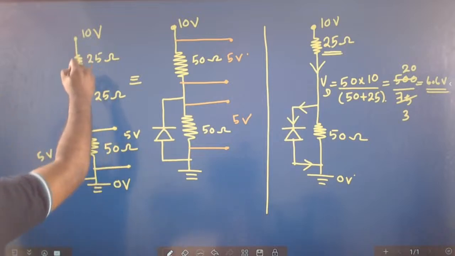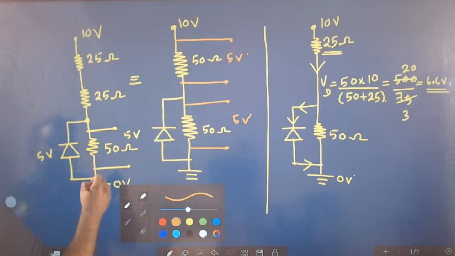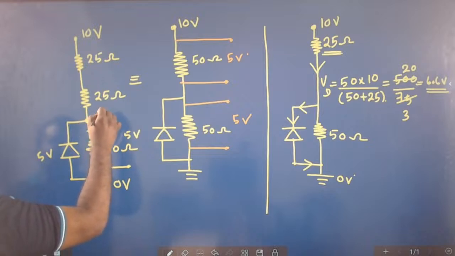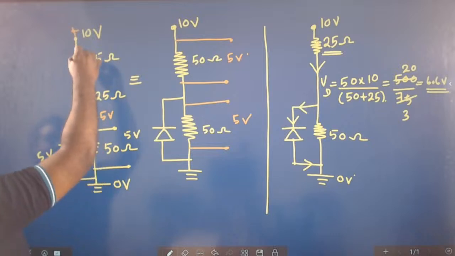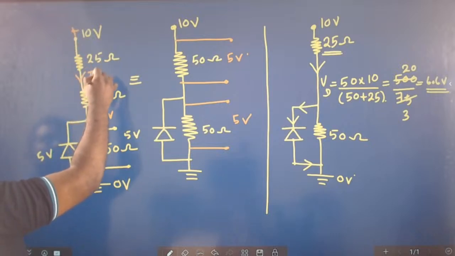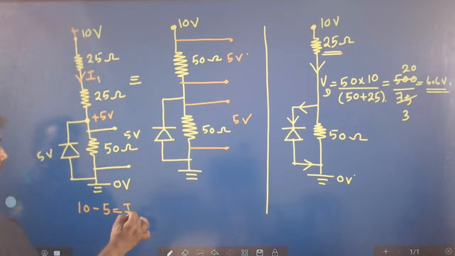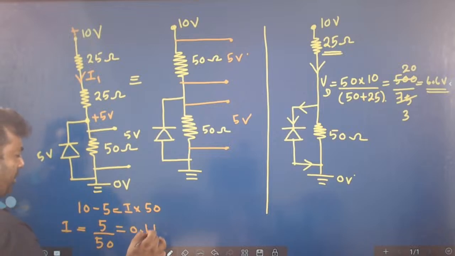So 0 to plus 5, plus 5 to 10. So potential difference there is 10 minus 5. Current into total resistance 50: 5 divided by 50. Current there is equal to 0.1 amperes.